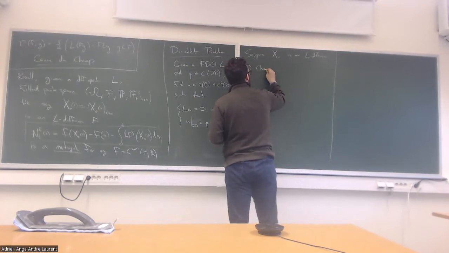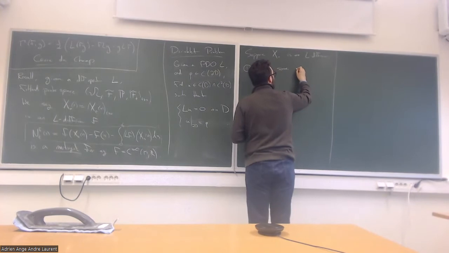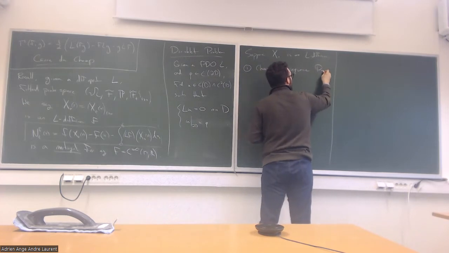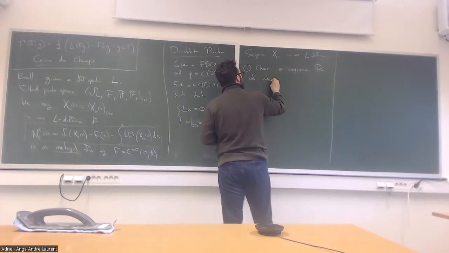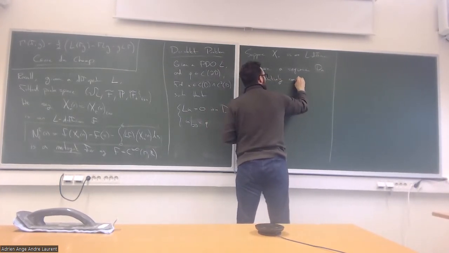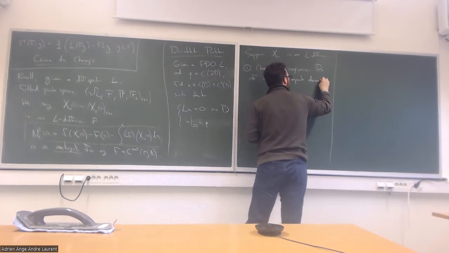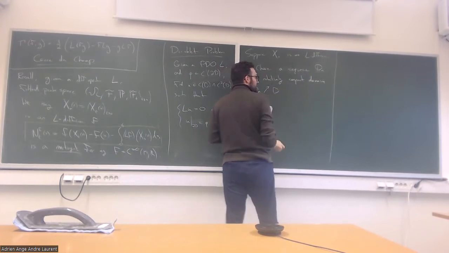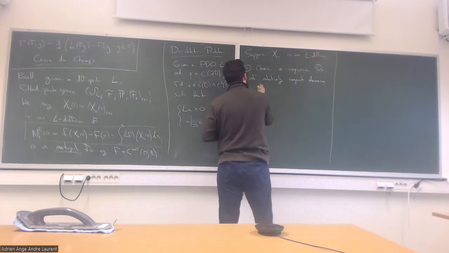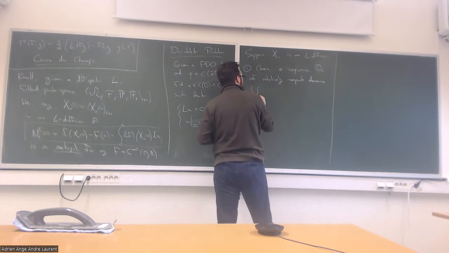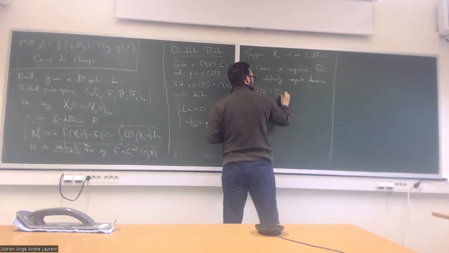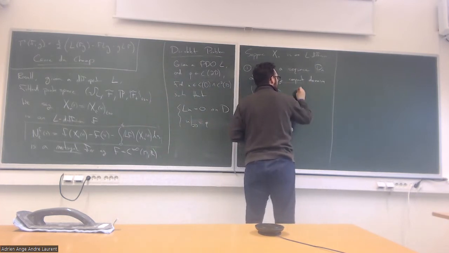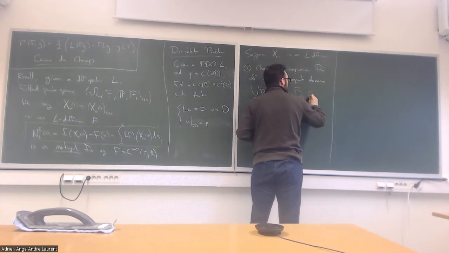One, choose some relatively compact domains, a sequence of them, such that we can write this a little bit nicer: the union across n of the D_n is D. And just to remember, relatively compact means the closure of D_n is always properly contained in D.